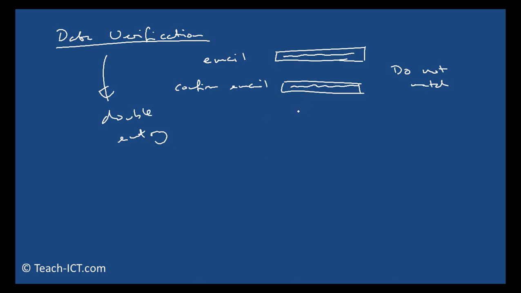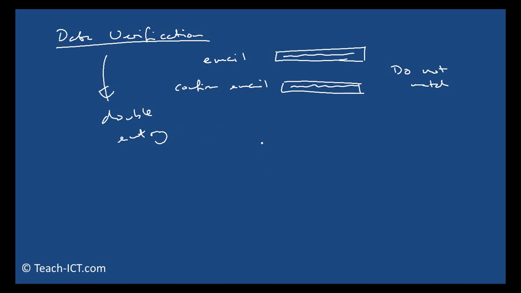And the chance of you putting a password in twice that is not what you wanted, but you did it twice in a row, is very, very slim. So that's the process of data verification. It's a check to make sure that the data that you put in is what you intended to put in. It's basically entered correctly. Think of it that way.